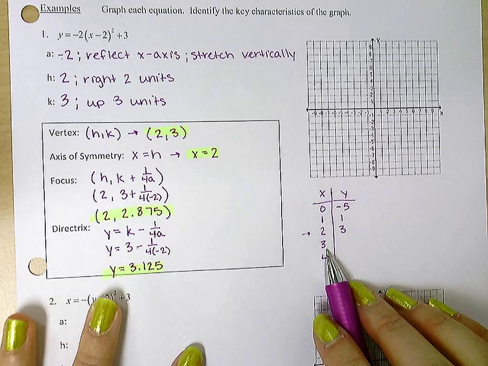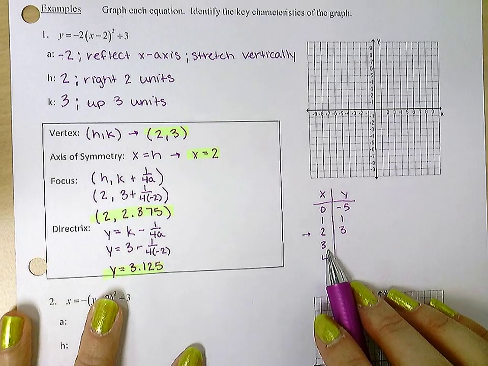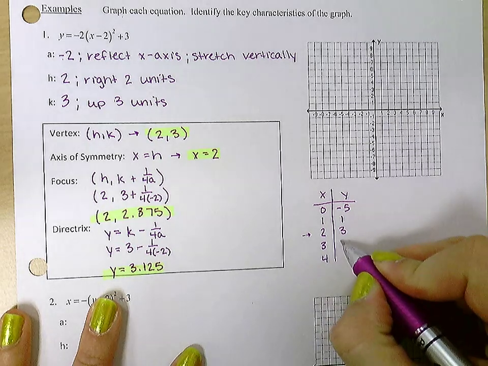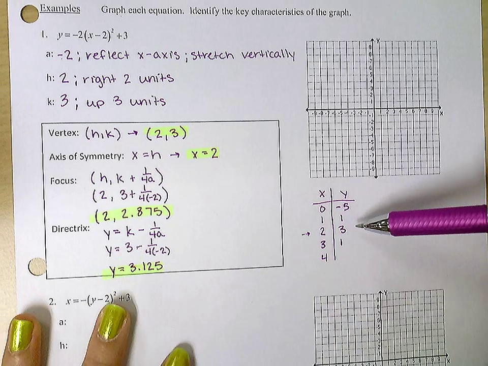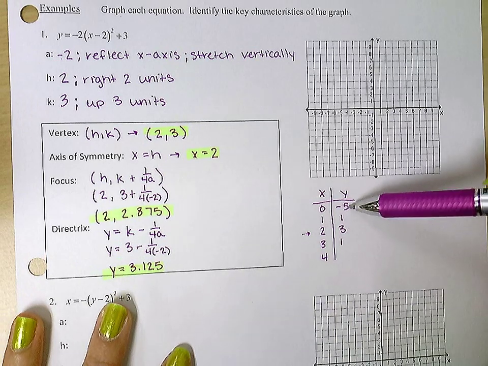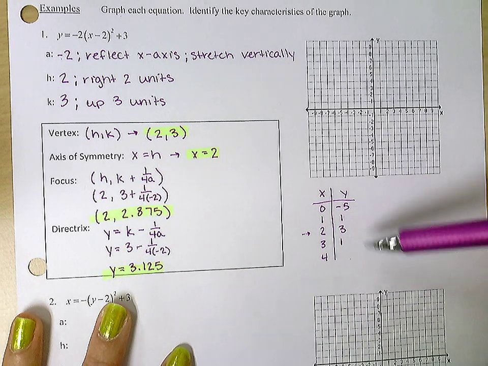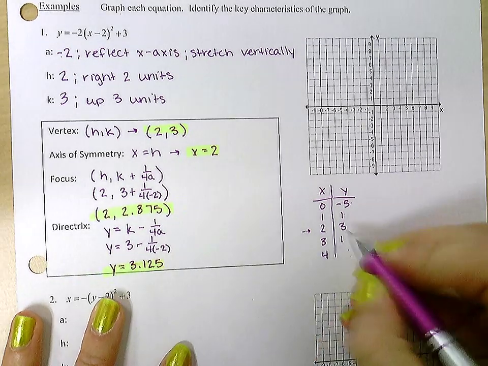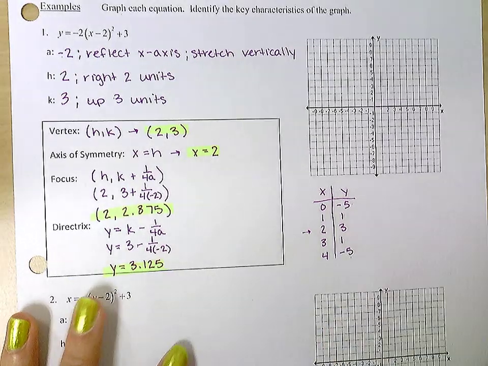Plug in 3. 3 minus 2 is 1. Squared is 1. 1 times negative 2, negative 2. Plus 3 is 1. Since this is a parabola and this is your vertex point, these numbers surrounding it should be the same. So that means when you plug in 4, you should get negative 5.